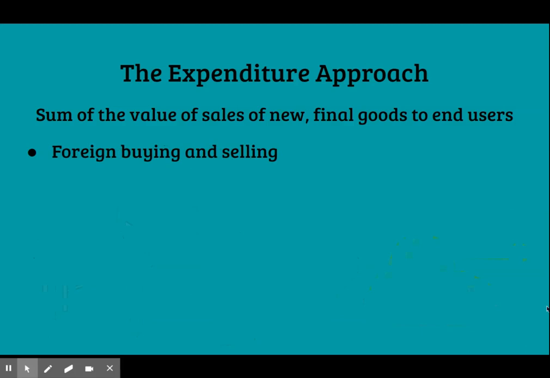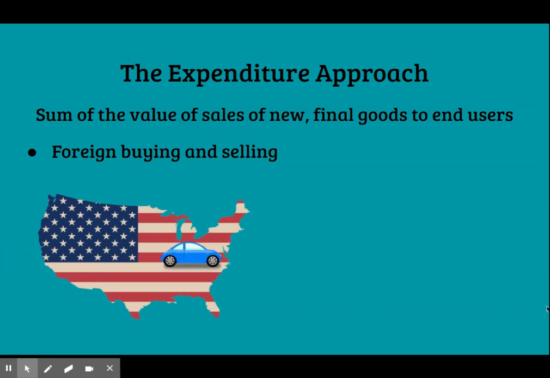The final spending sector that we monitor when using the expenditure approach is the international market. This is where foreign buyers purchase domestic goods, and we buy goods from other countries. In the international market, you have a domestic producer, say the US, who makes cars. And you have a foreign buyer, say China, who will be purchasing them.